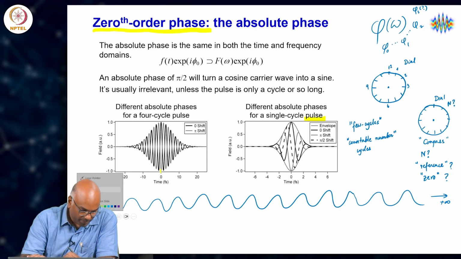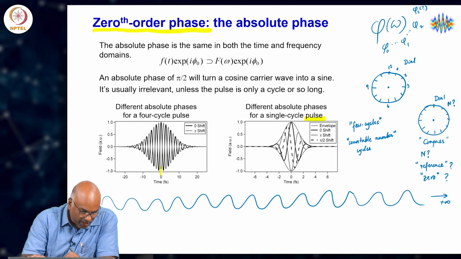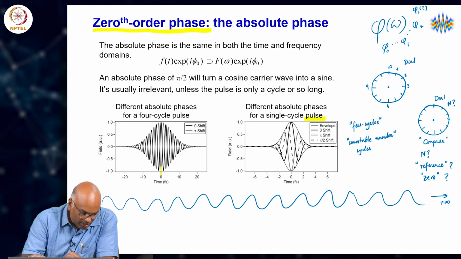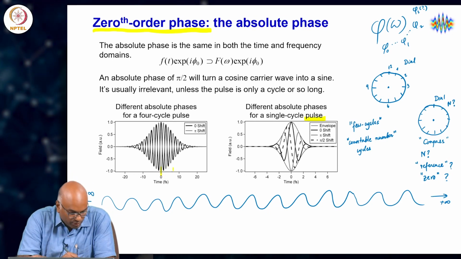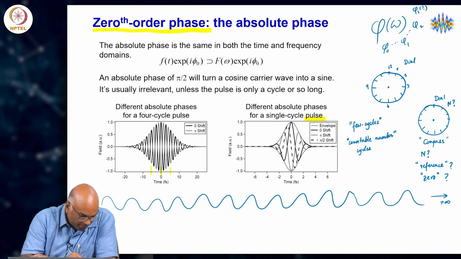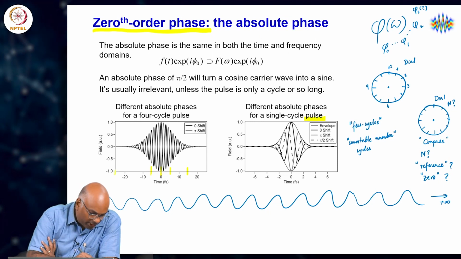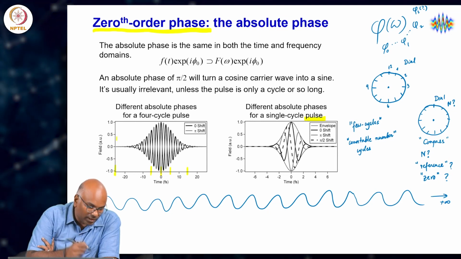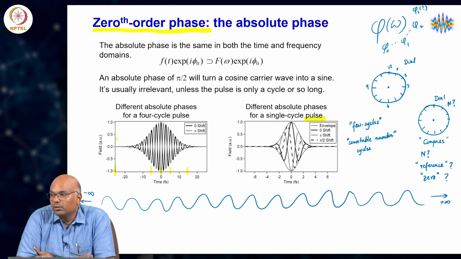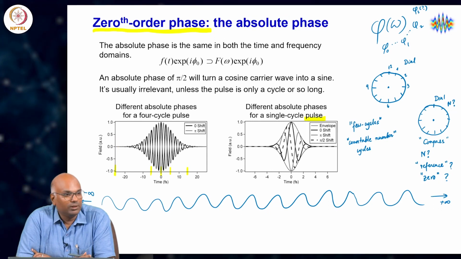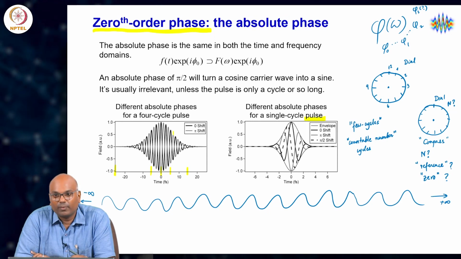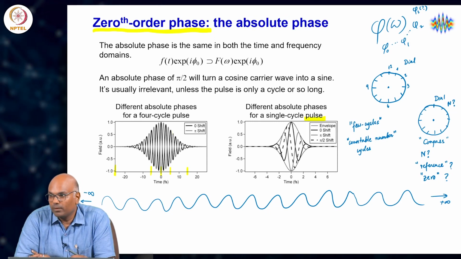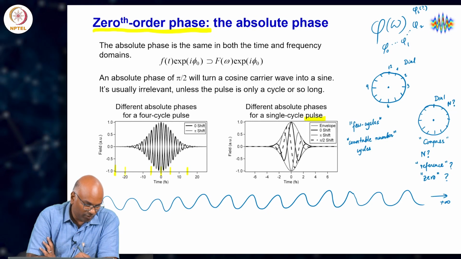You see, how do I mark the zero of this time axis? This is the equivalent question we are asking. How do I mark the zero of time? Why should it be here, not here, not here, not here, or why not here at some tail? Who sponsored the zero to be at the maximum? Nobody. It seems to be like a matter of prejudice.